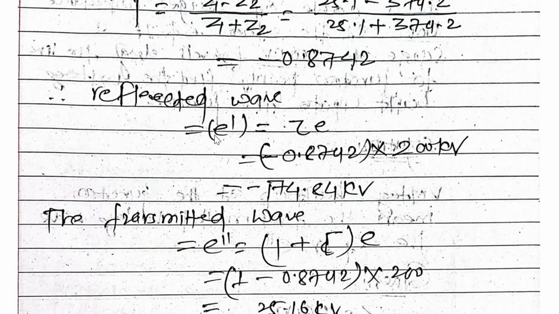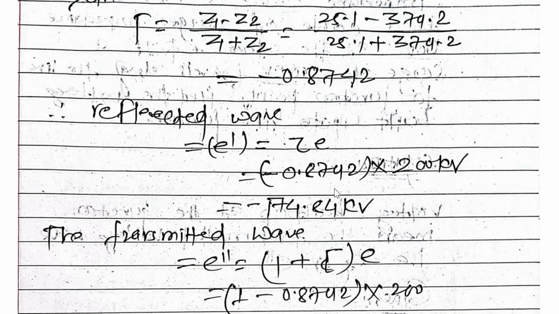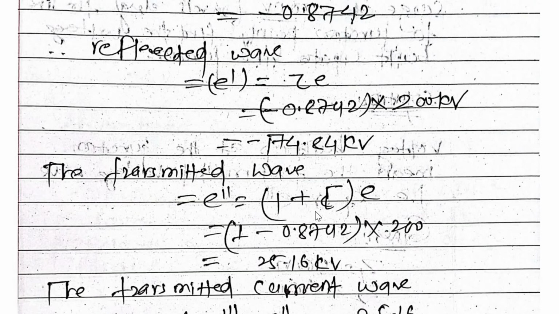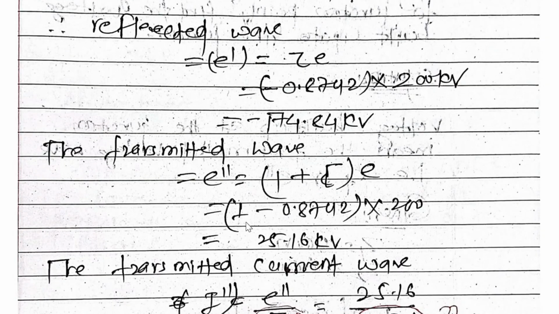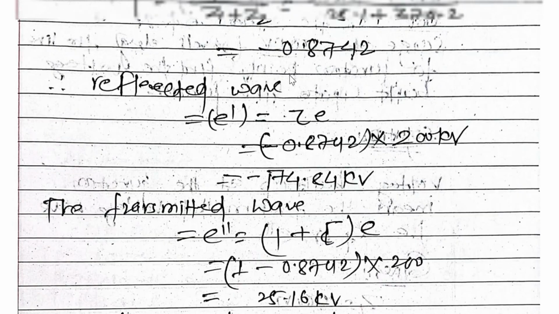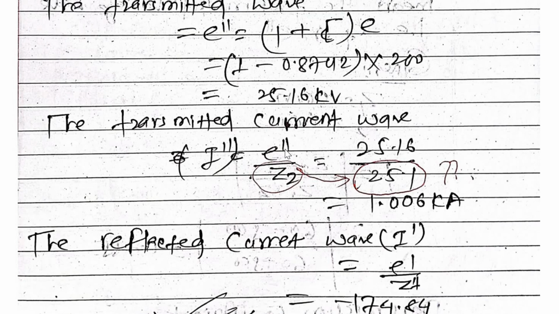And the reflected wave is the coefficient along the line into voltage, and putting this value, we can get 174.84. And similarly, the transmitted wave is 1 plus the coefficient along the line into E, and this coefficient is minus 0.8742. So 1 minus 0.8742 into 200, we can get 25.16.